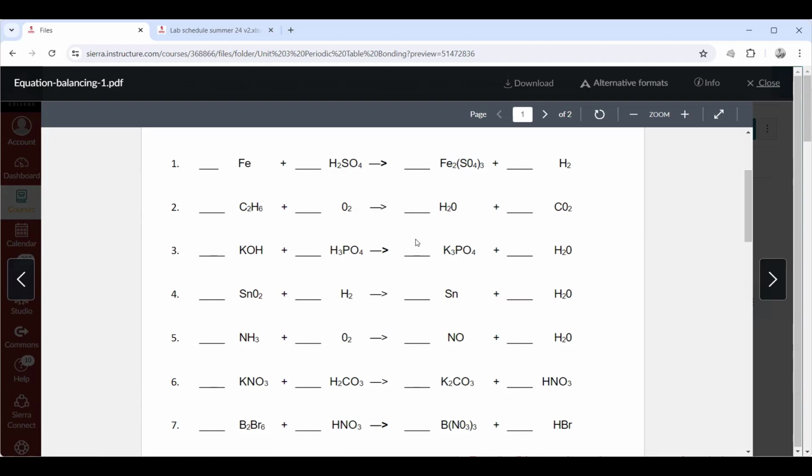Not yet. You have 6 over here. And then how can you make 6 hydrogens over here? 3 there, right? You're done because they're equal. That looks good.